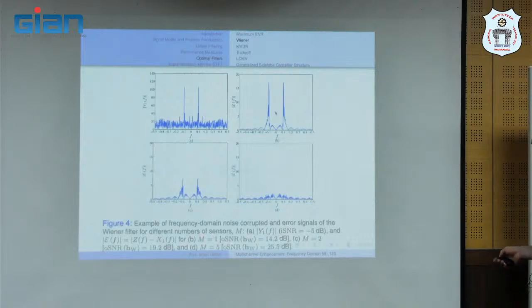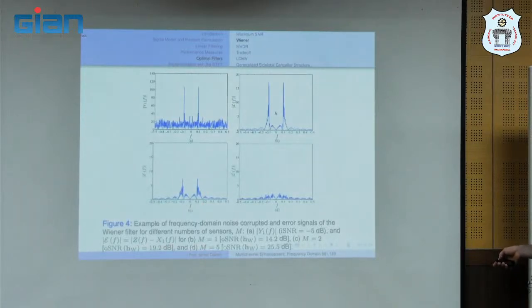Okay? If we check the input SNR here is minus 5 dB, and the output SNR here with a single sensor, it's 14.2 dB. If we jump to two sensors, we have a jump from 14.2 dB to 19.2 dB.